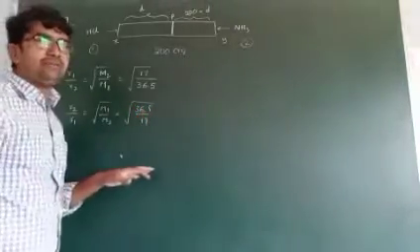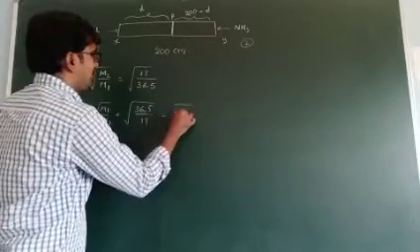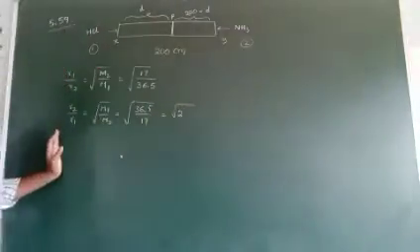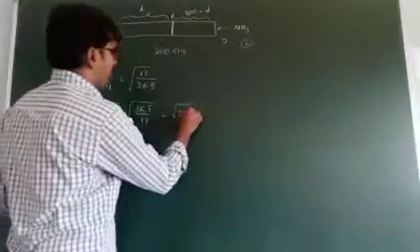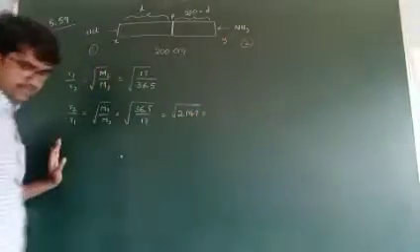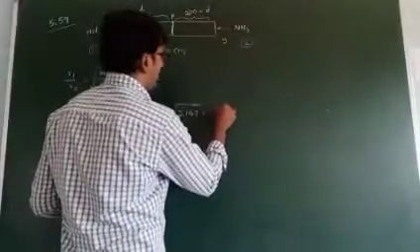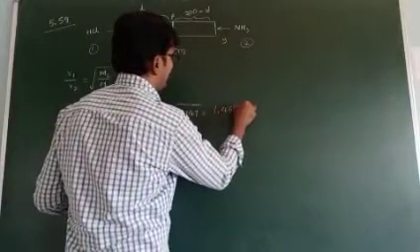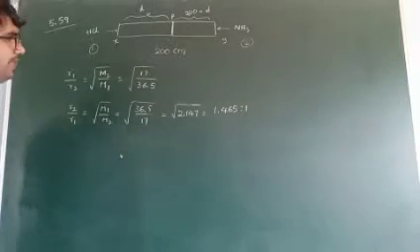This is only written for simple calculation purposes. That is approximately 2.147. Root over 2.147 is 1.465.